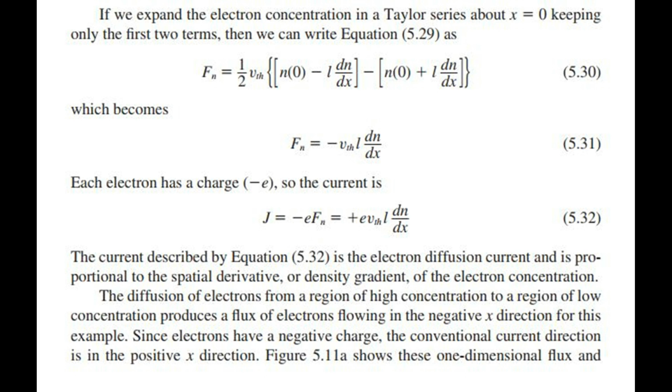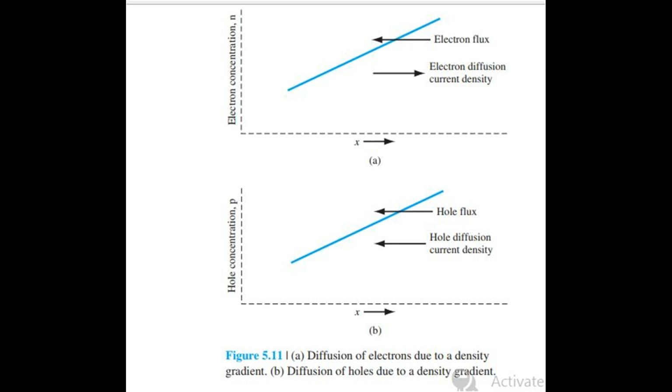The diffusion of electrons from a region of high concentration to a region of low concentration produces a flux of electrons flowing in the negative x direction for this example. Since electrons have a negative charge, the conventional current direction is in the positive x direction. Figure 5.11a shows these one-dimensional flux and current directions. Figure 5.11, a.